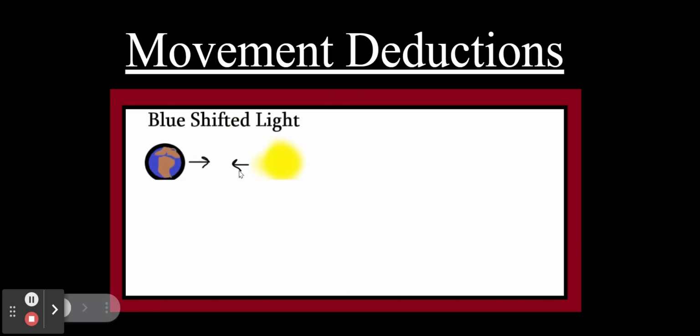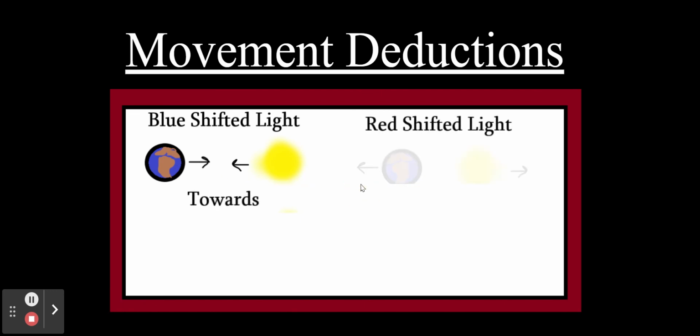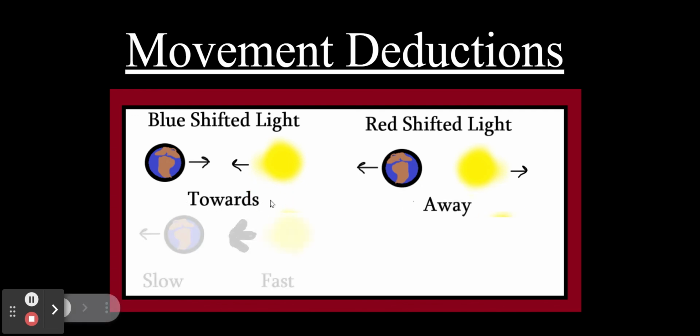What you can learn from these movements is that when it's blue shifted, one possibility is it's moving towards, like this. Red shifted, they're both moving away from each other. Another possibility, however, is that the objects are moving in the same direction.